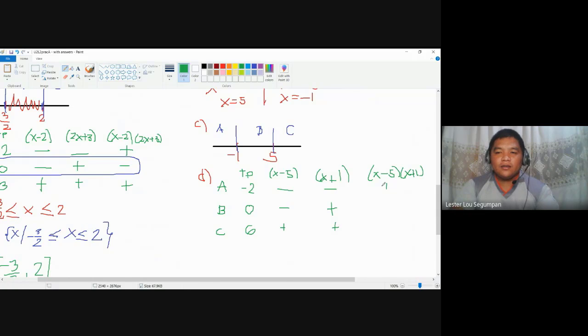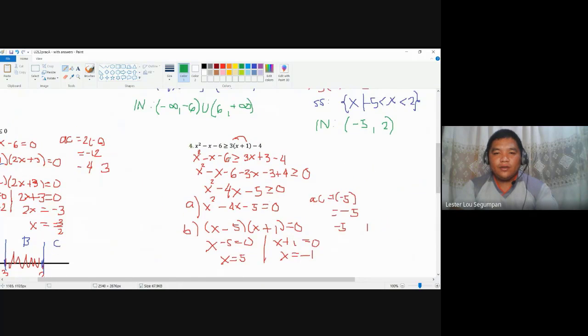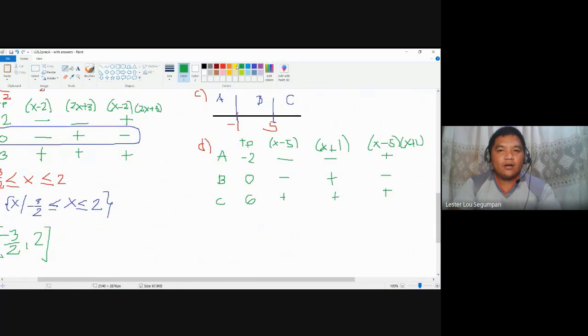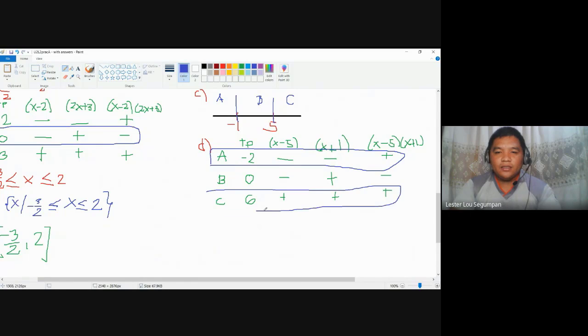The product will entail positive, negative, and positive. Look at the given. Our quadratic inequality here is greater than, so always look at the given, still greater than. So we are covering region A, positive, and region C, positive.